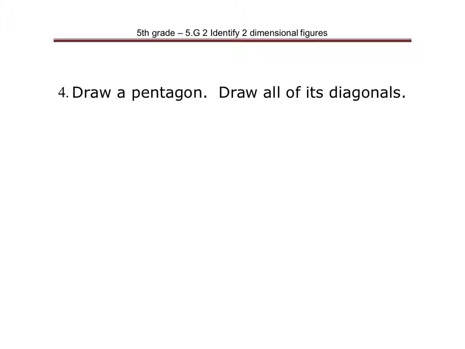It's hard to draw a regular pentagon, so a lot of times I'll just try and draw close to a house. Think about a house when you draw it. So there's a house with bulging sides. Now what are the diagonals? If you think about it, here's a point and it's connected to these two points.